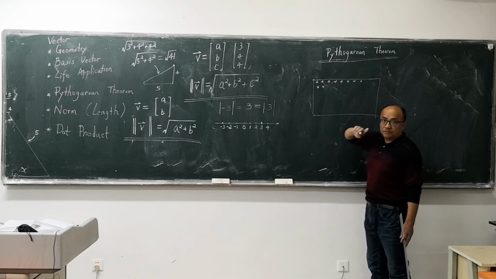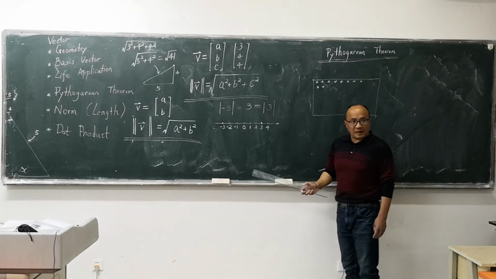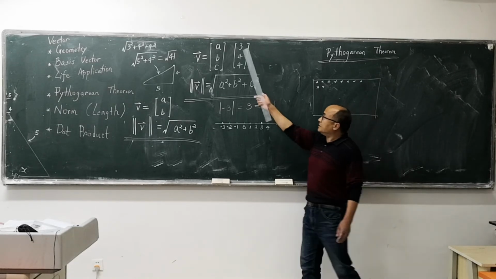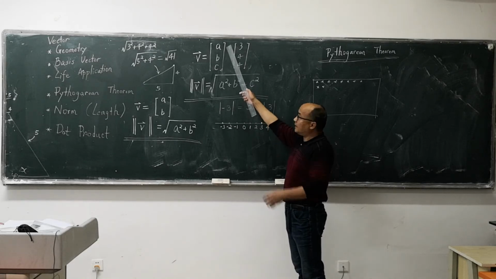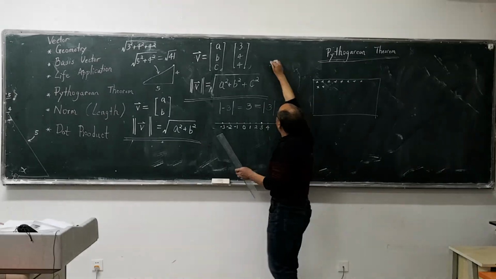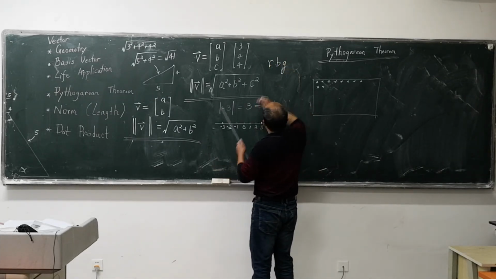Each pixel has three numbers. It's three dimensions. It's the red, blue, green. R, B, G. That's right.